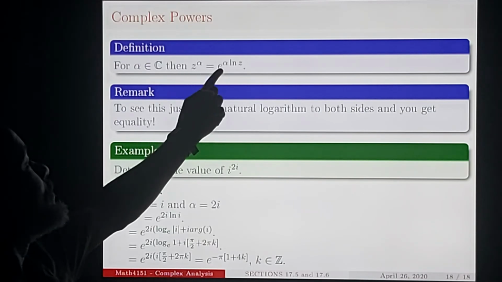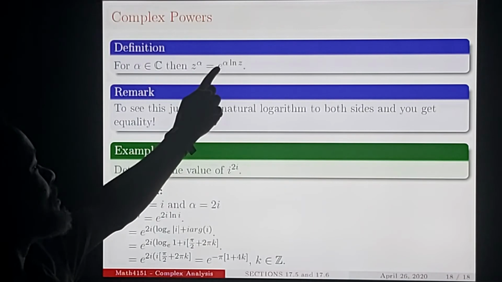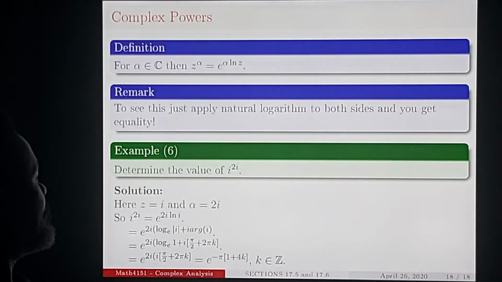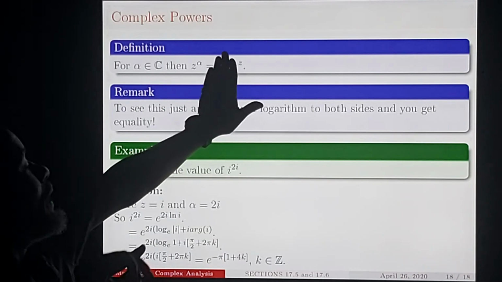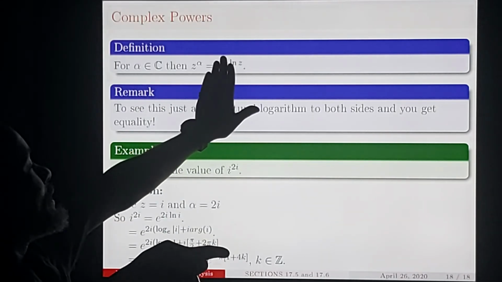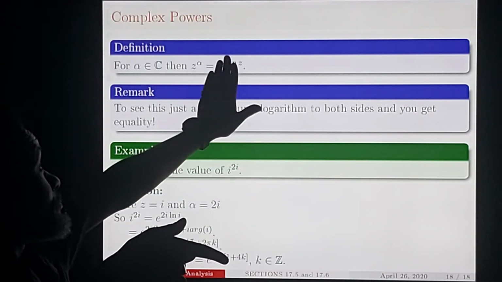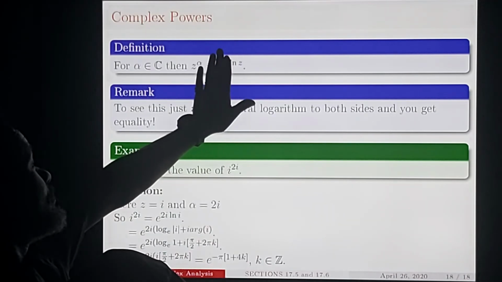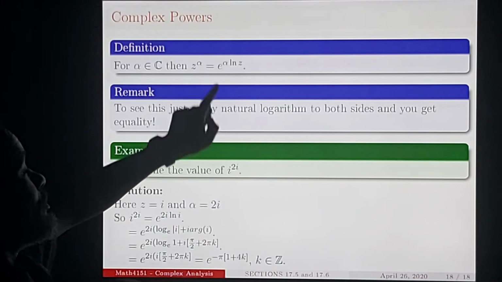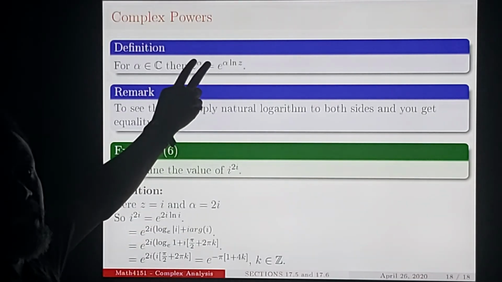If I cover this and call it y, I take ln, I'll get ln of y equals alpha ln of z. So this is a definition, that's all you need to remember.